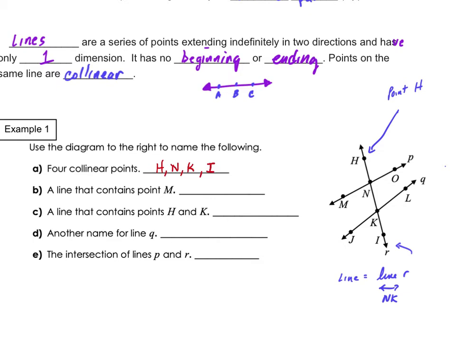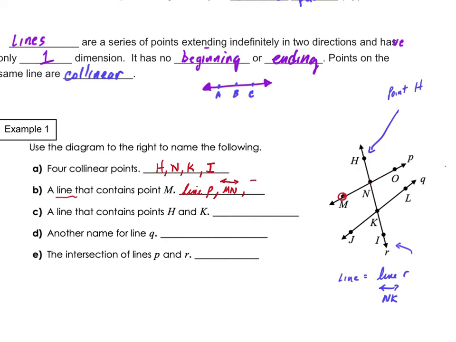Then it asks me for a line that contains point M. Okay, so here is point M. There are several lines I could say. I have line P contains point M. I could also say line MN, right? Because this could be designated MN since both of these points are on there.